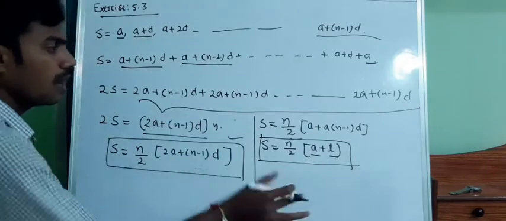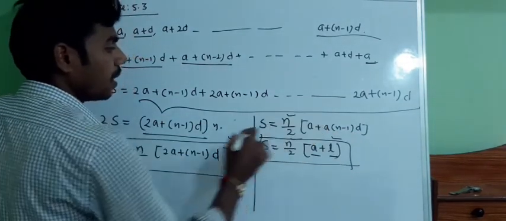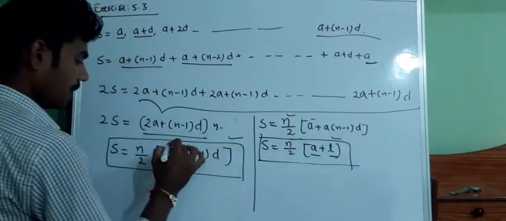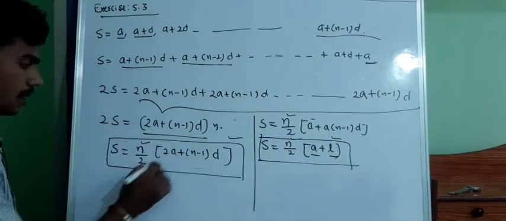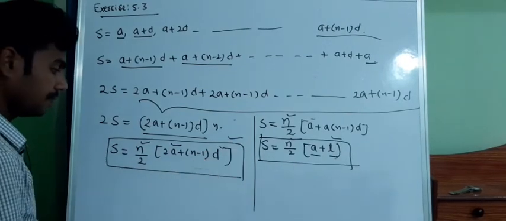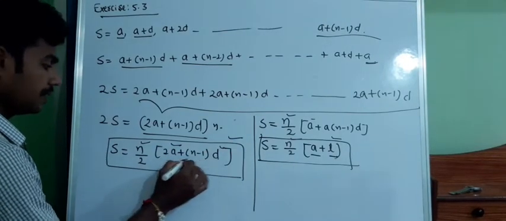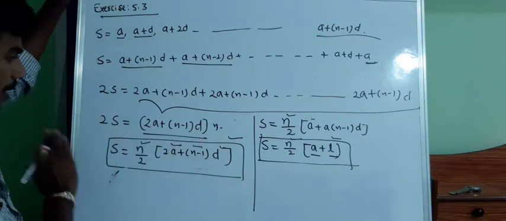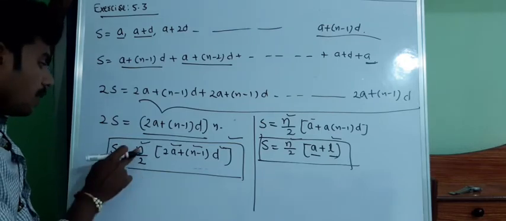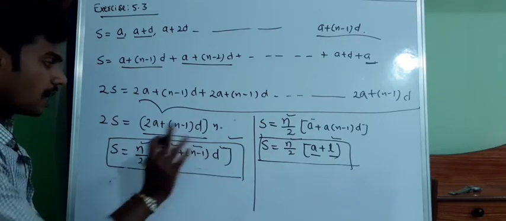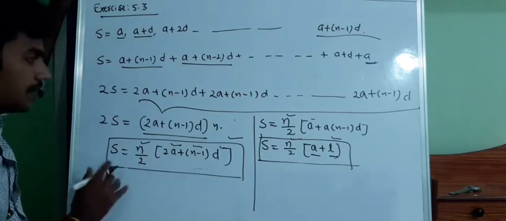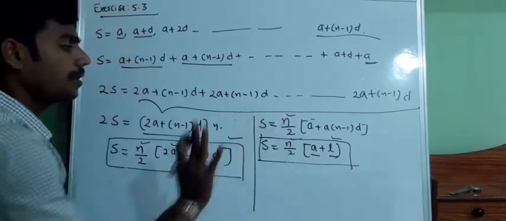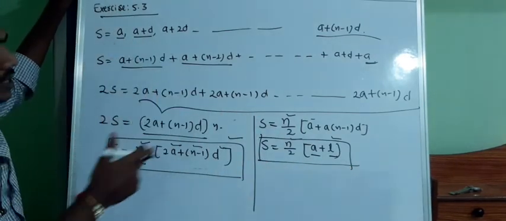Or else, if I don't know the last term, but I know the number of terms involved, the first term and the common difference, then I can calculate the sum. If I know the first term, last term and number of terms, I can use this formula. Please note this down.